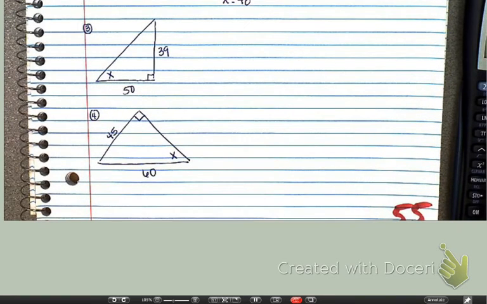So take a second and solve these two problems. I'm going to come around and check your answers. Again, you're rounding to the nearest whole number.